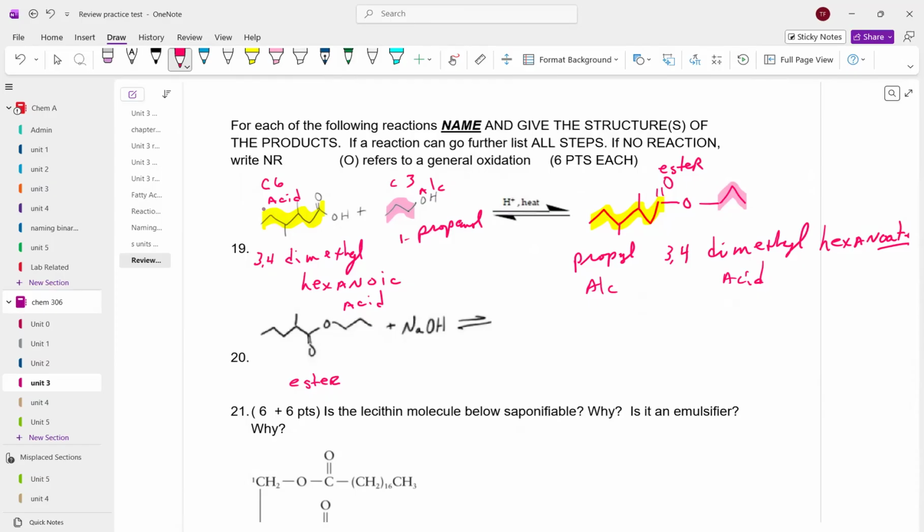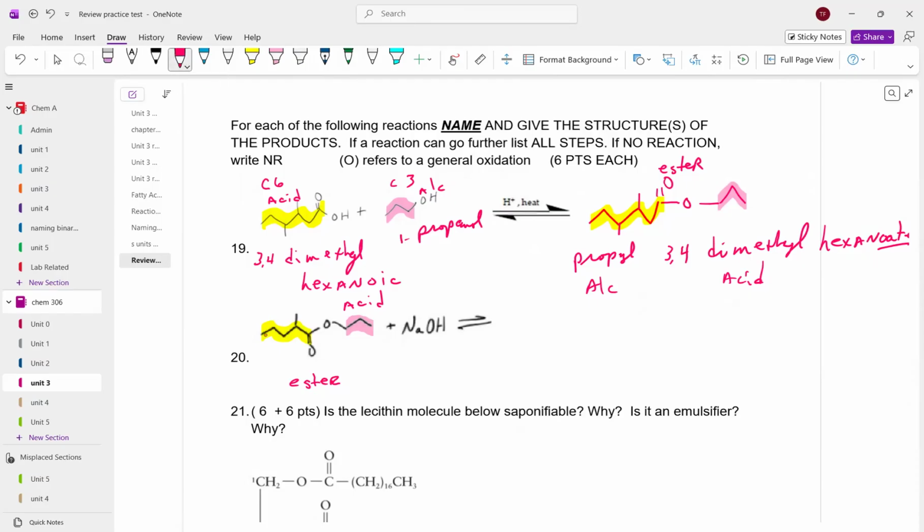Okay, what's the name of this ester? Well, that's the acid end, alcohol end. Okay, so saponification means the ester comes apart.